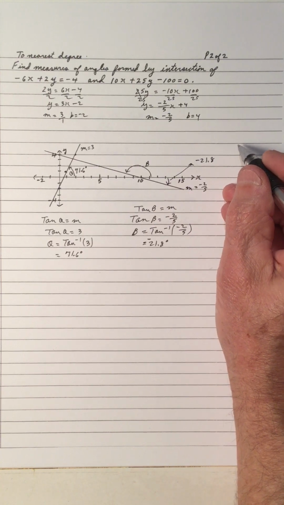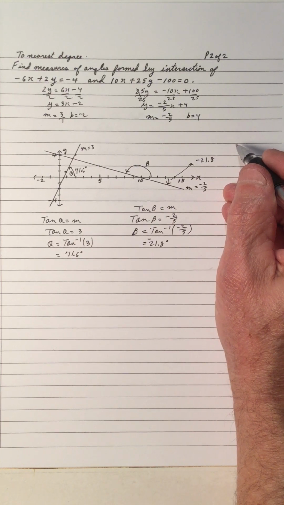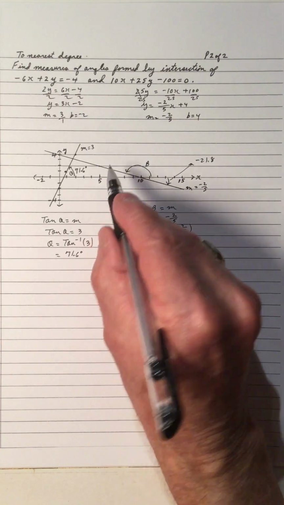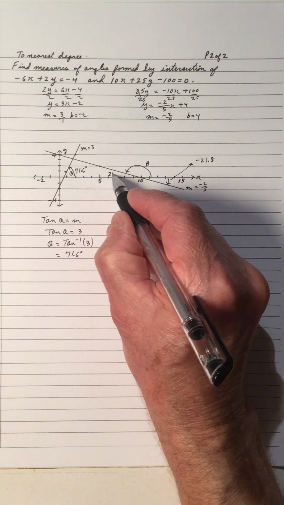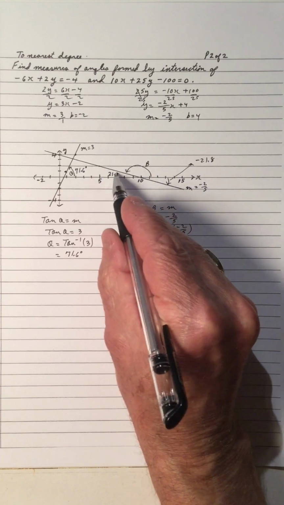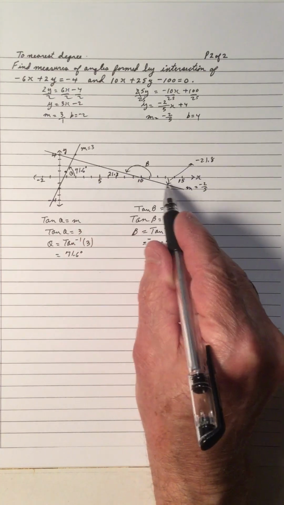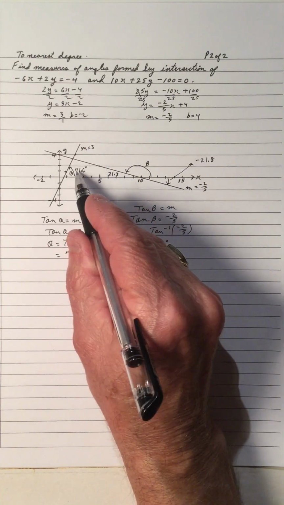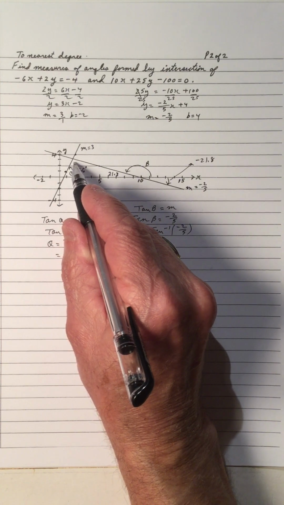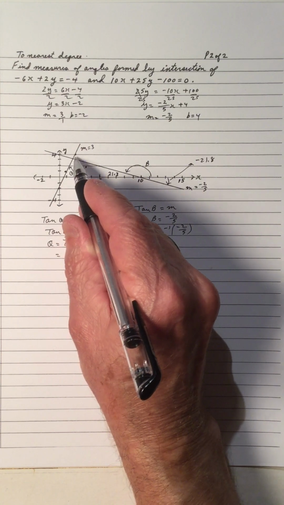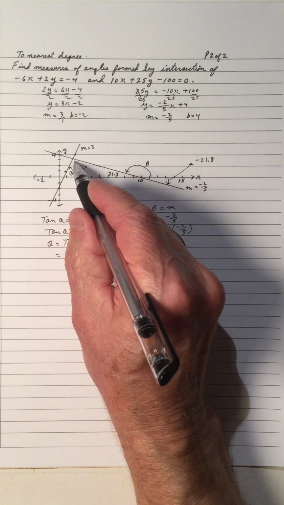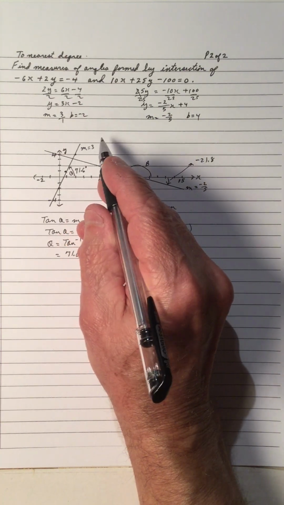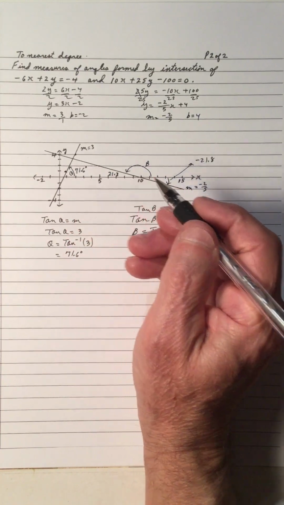So there's two ways I can do this. I can take that angle there and copy it right here and make it 21.8, because if two lines intersect, the vertically opposite angles are equal. If I add up these two angles and subtract from 180, I get this angle, because when two lines intersect, their angles are supplementary.